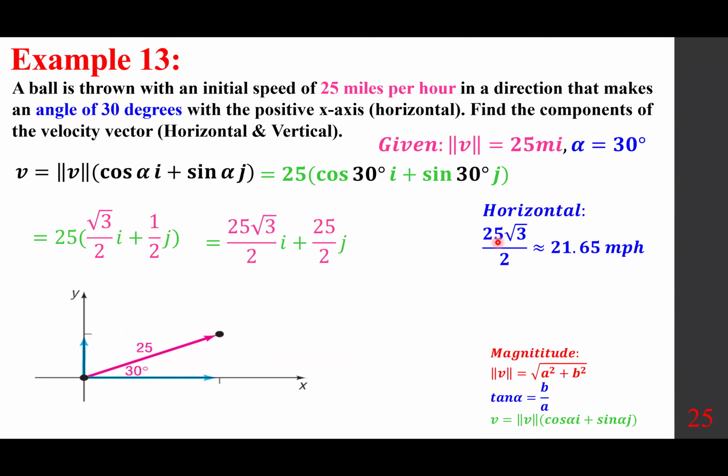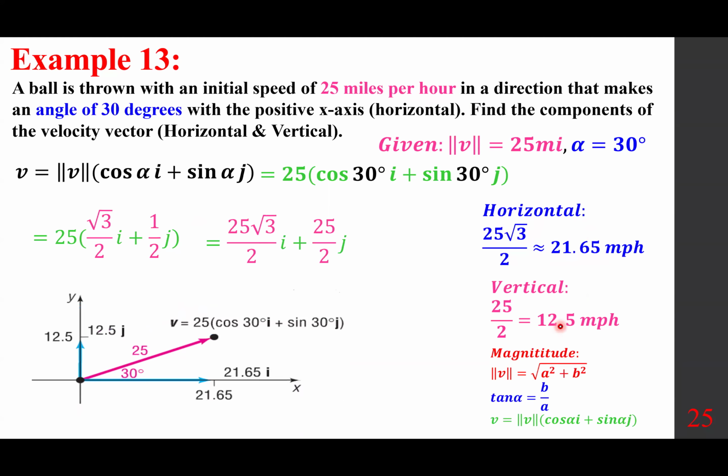So the horizontal is 25 square root of 3 over 2, roughly 21.65, same units, miles per hour. The vertical is 25 halves, or simply 12.5 miles per hour. So we write the v is 25 cosine 30 i plus 25 sine 30 j. And again, this is a rough estimate.